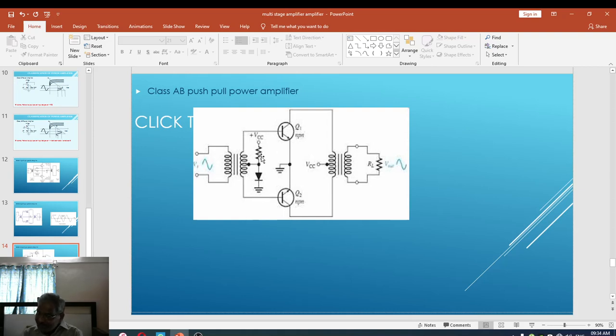With this particular action, one can reduce the crossover distortion which exists in the case of the class B push-pull power amplifier. Otherwise, this circuitry will remain the same. This VCC is connected again to this secondary winding. This connection is the same. Biased resistance, look at it here.